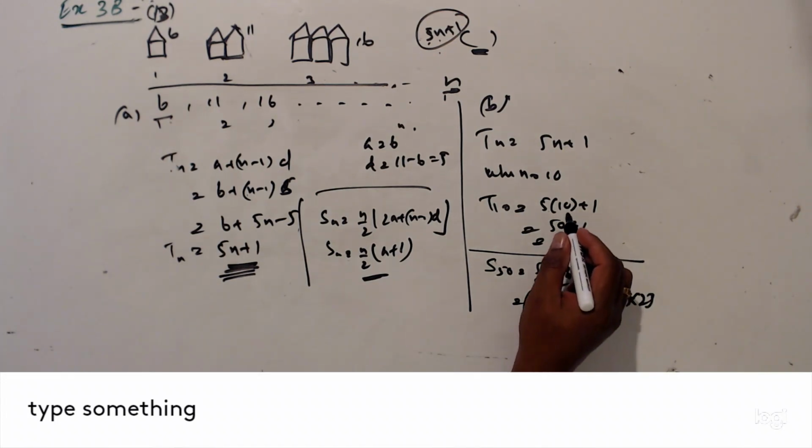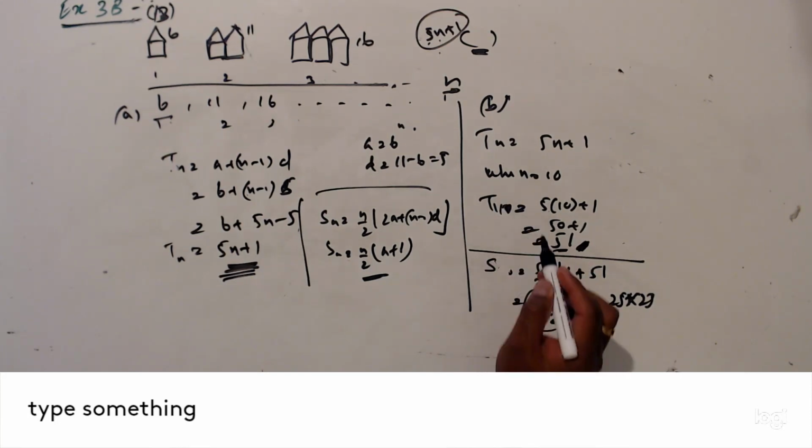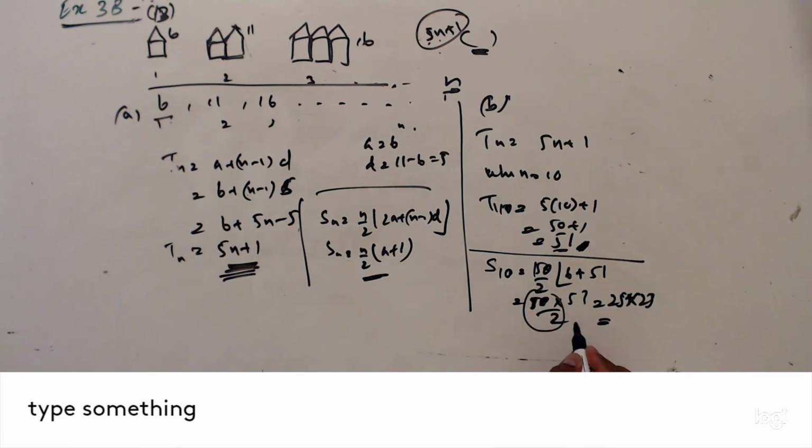Sorry, this is not 50 terms, she needs 10 terms, right? So S10 is 10 divided by 2, which is 5 times 57, that is 285.